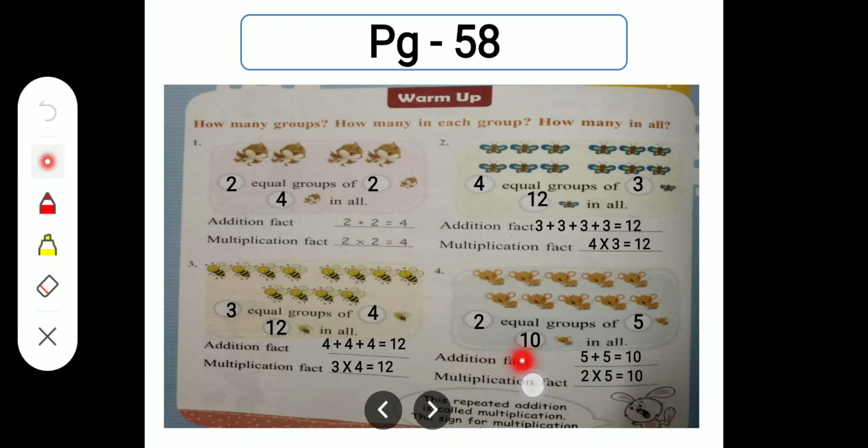So what is the addition fact? 5 plus 5, that is equal to 10, and the multiplication fact is 2 equal groups. So 2 into 5. How many are in each group? That is 5. So 2 into 5 is equal to 10.